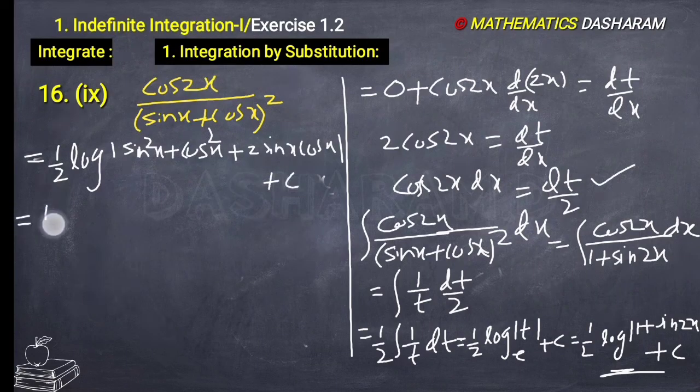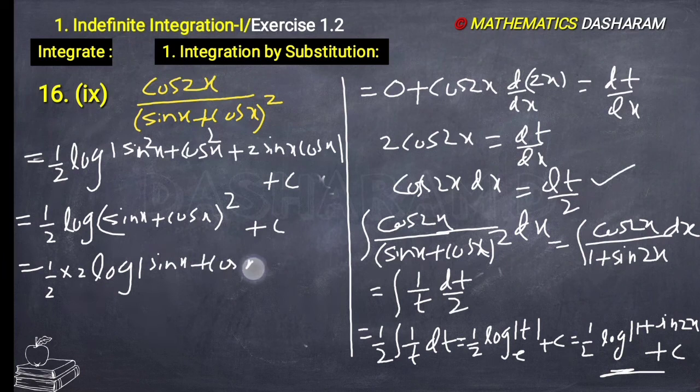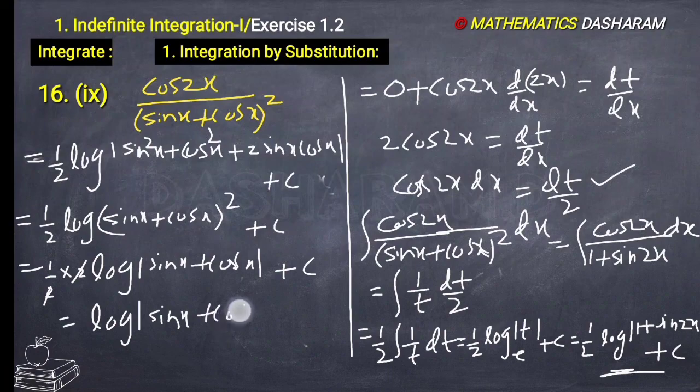So it is equal to 1 by 2 log, here a square plus b square plus 2ab equals (a plus b) whole square, plus c. Now the log a to the power of m formula is m into log a. So (sin x plus cos x), plus c. Now 2 cancel, log mod sin x plus cos x plus c. It is also a correct answer.